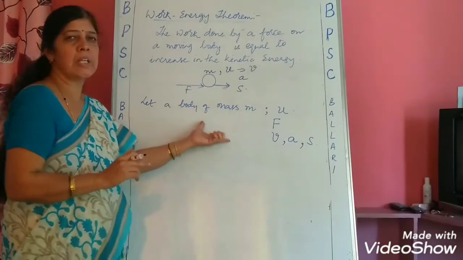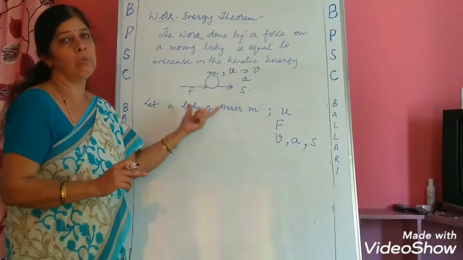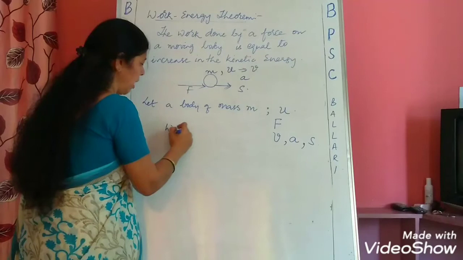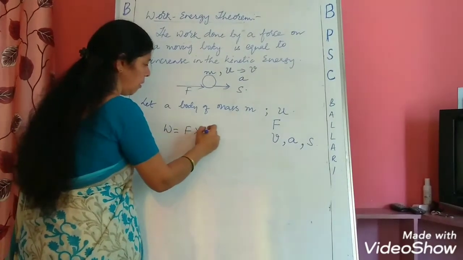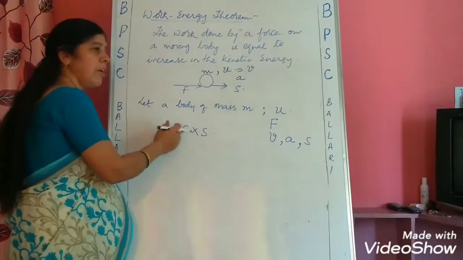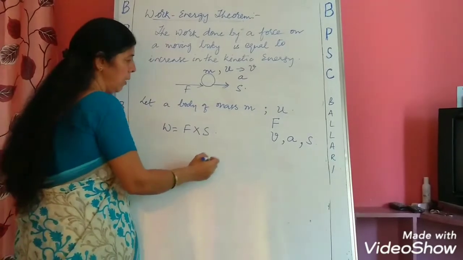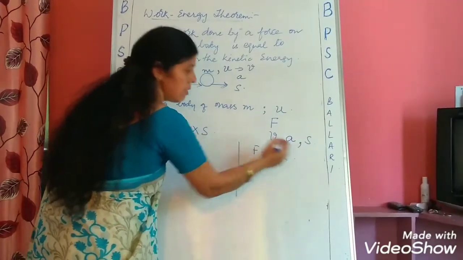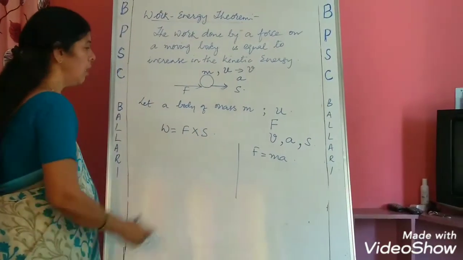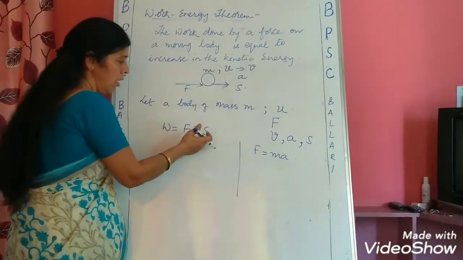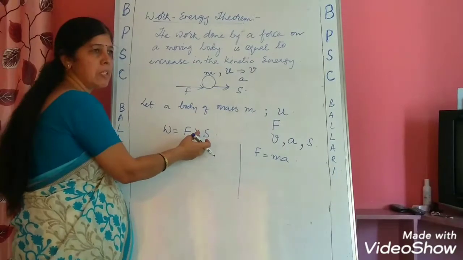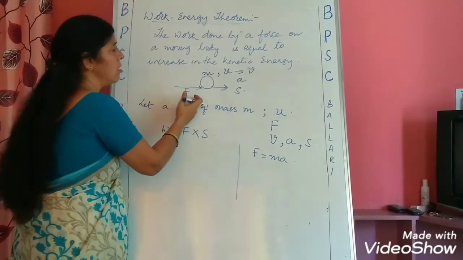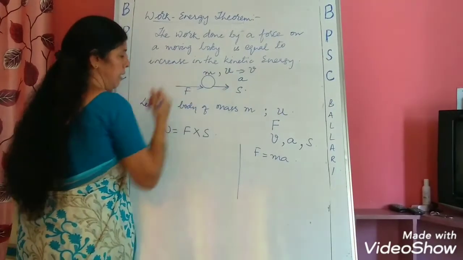Now, again we shall calculate what will be the work done in this case. So let us go back to the expression. Work done will be equal to F into s. Already I have told you F will be equal to ma by Newton's second law of motion. Now we shall see what is the expression for displacement when the body is accelerating.